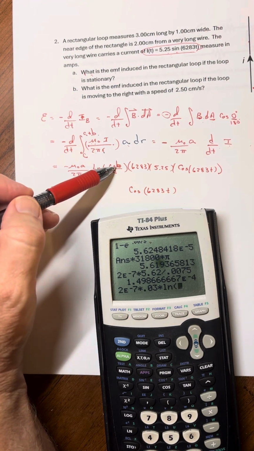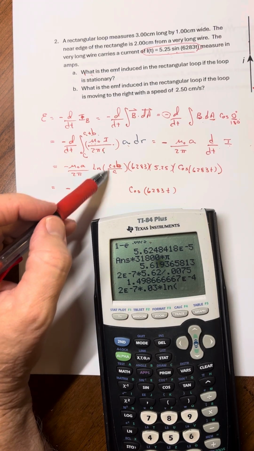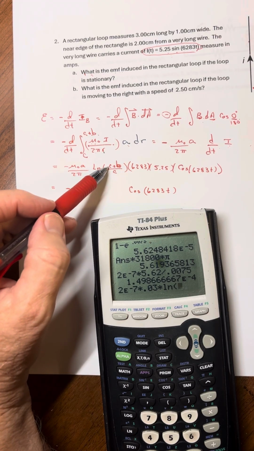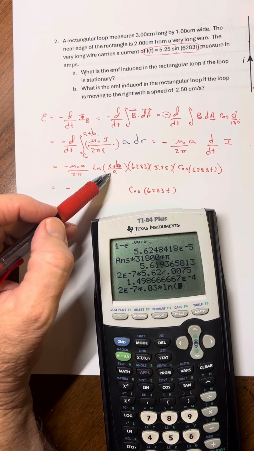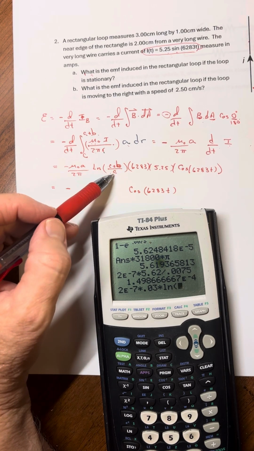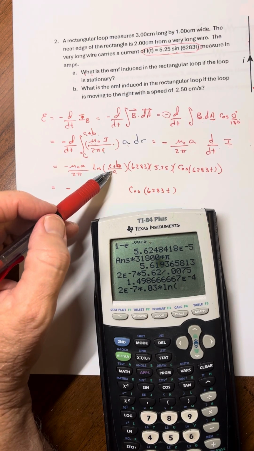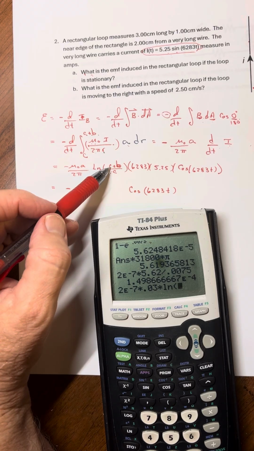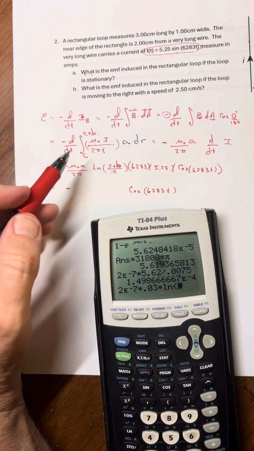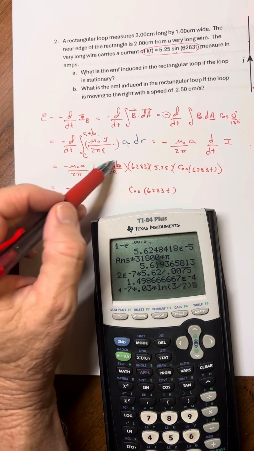And C plus B would be 3 centimeters divided by 2 centimeters. And there's no need to convert those to meters since they're the same units. They're going to cancel out. So if we convert it to meters, they cancel the same way. It's still 3 over 2 of meters, inches, whatever. So I'm just going to leave it in centimeters and just call it 3 over 2.